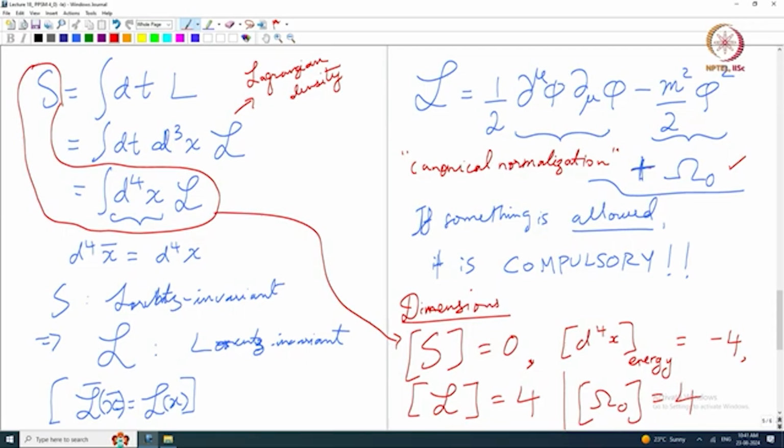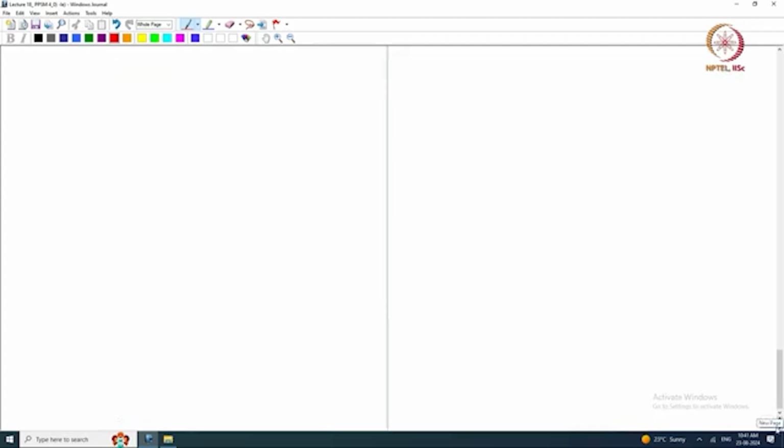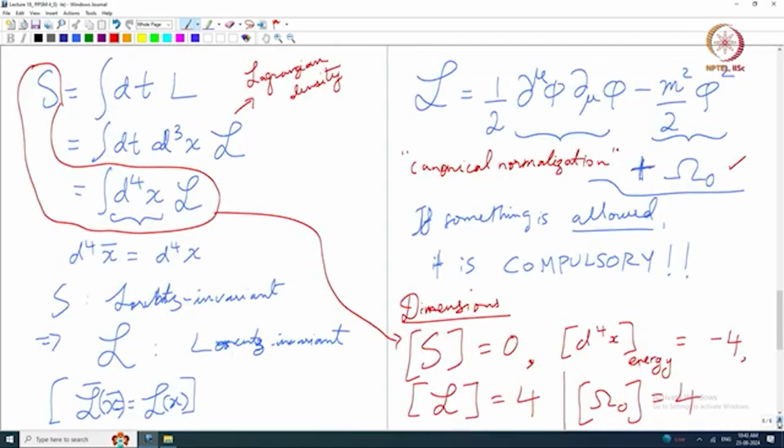Okay. Now let's look at 1 or 2 more aspects of this. What is the dimensionality of the field itself? Would the field have any dimensions? Does it carry any energy and so on? It does, right?